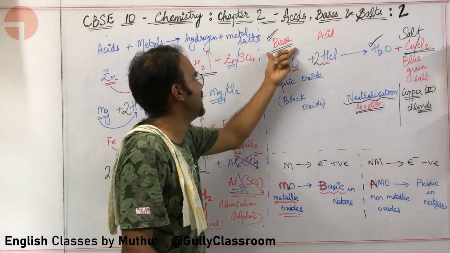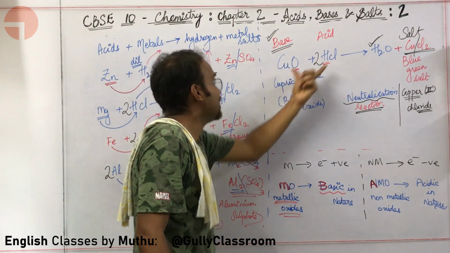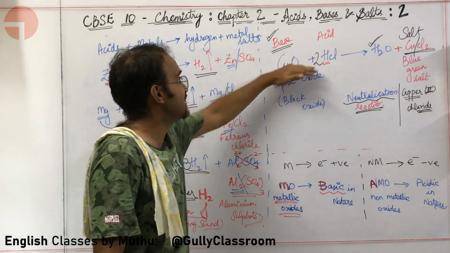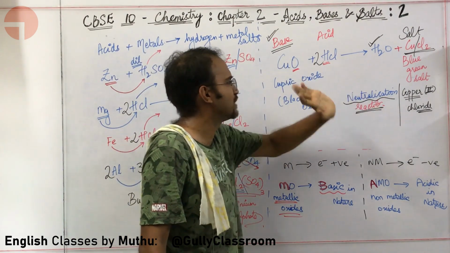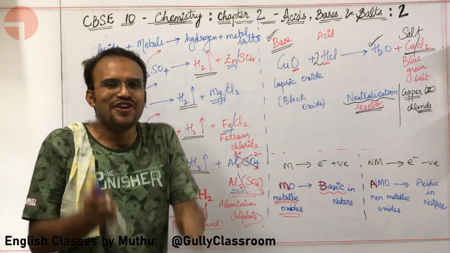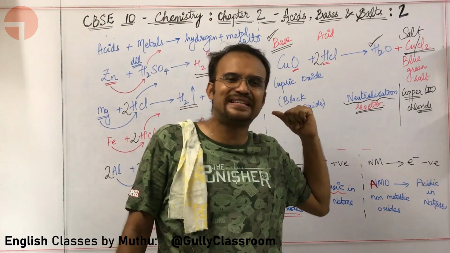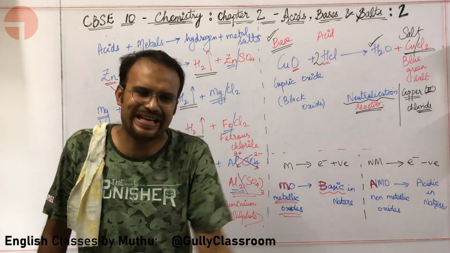Then we saw how metallic oxides and acids react with each other, which can be treated as a neutralization reaction. We will complete the chemical equations and the properties of acids and bases in the next lecture.